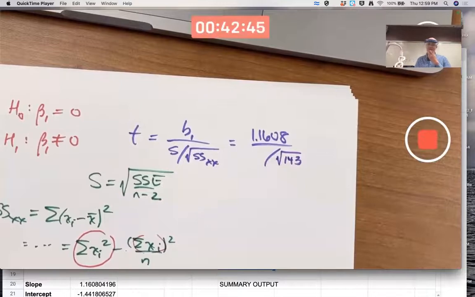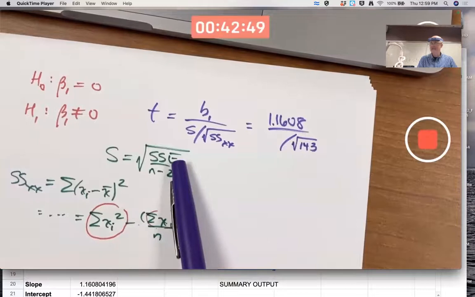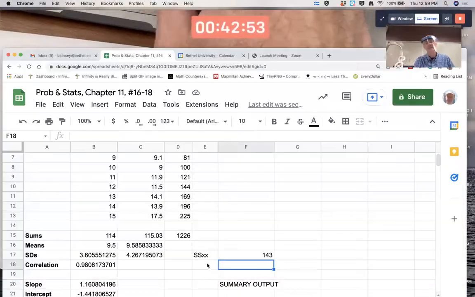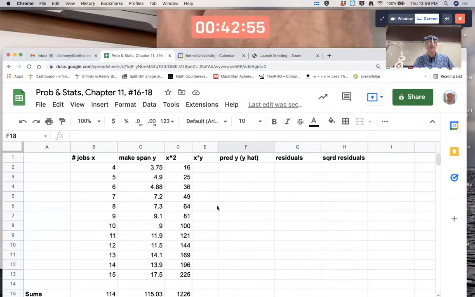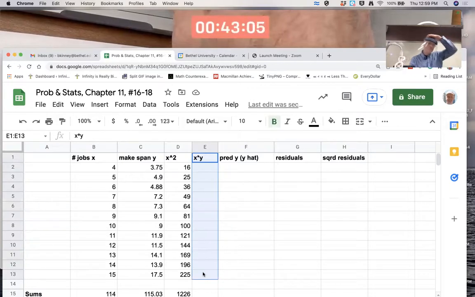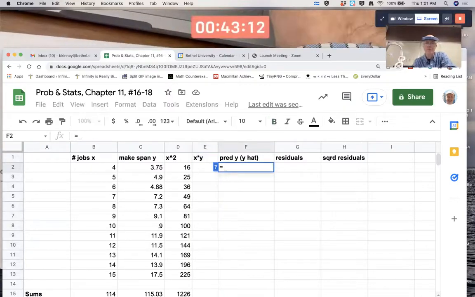I also want to compute S from SSE. So I need SSE. This column, I don't actually need to compute. I could compute it if I wanted to compute some other things, like, for example, the correlation in another way, but I don't really need it here. Let's do the y-hats.